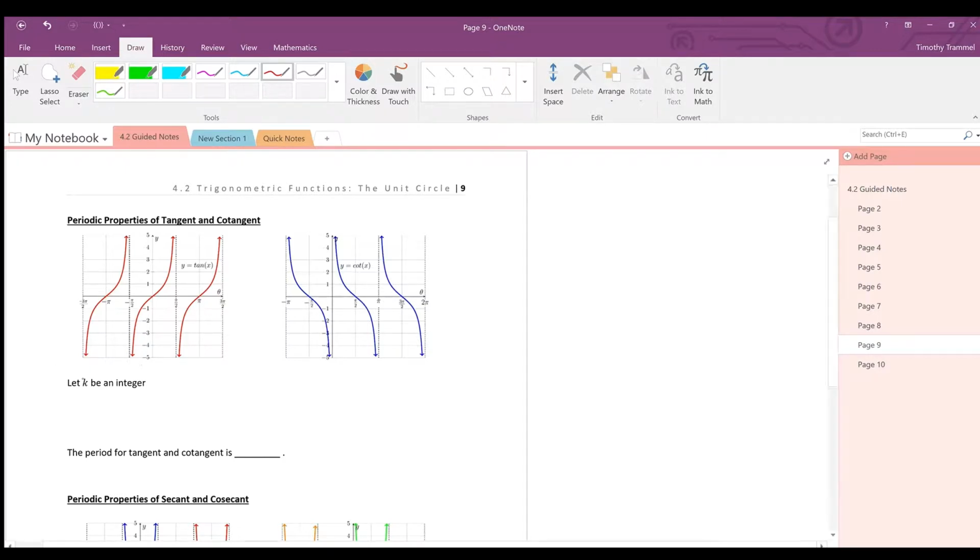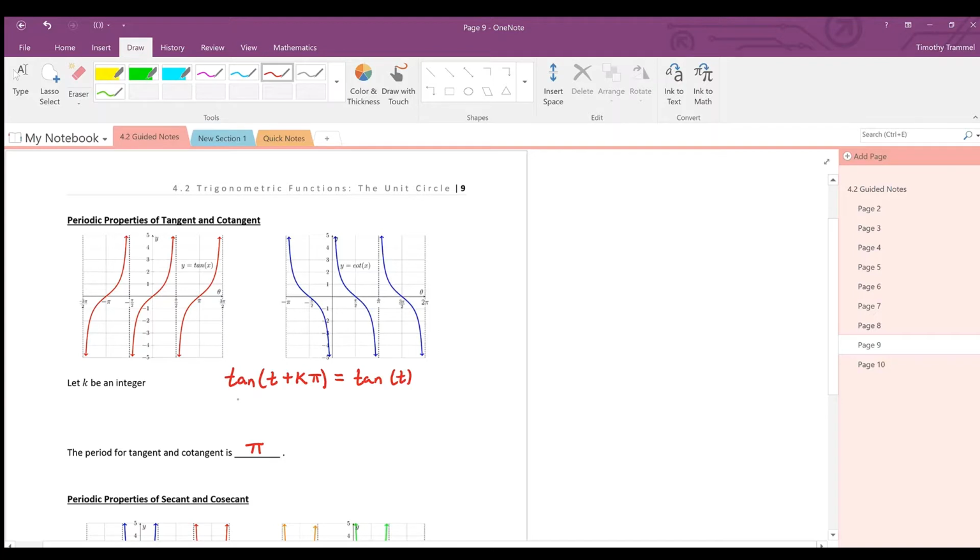It takes pi radians for it to complete its period. And so what that would mean is, how about tangent? Tangent of t plus pi, and we don't have to just do pi, we could do a multiple of pi, should be equal to tangent of t.